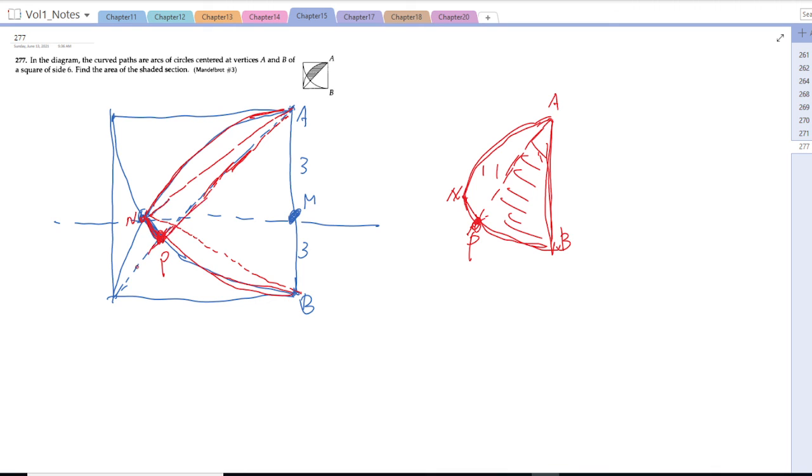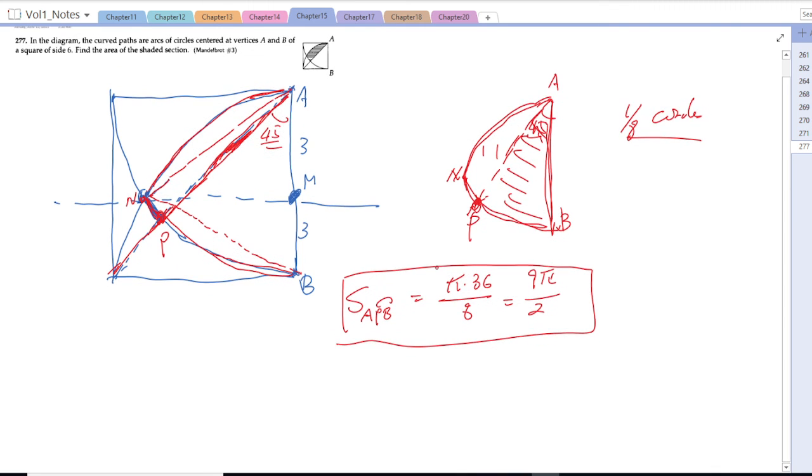AP is the diagonal of this square, so we know this angle is 45. So APB is 1/8 of a circle. So the sector APB is equal to pi times r squared divided by 8, which is 9 over 2 times pi.